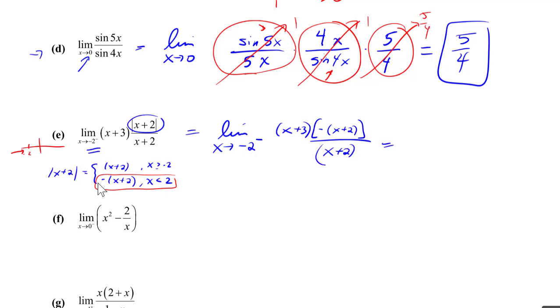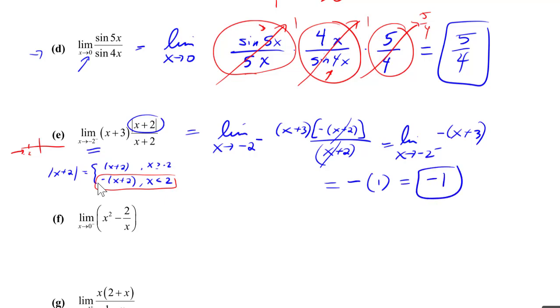Okay, and now I notice the x plus 2's can cancel, and I end up with the limit as x approaches negative 2 from the left of negative x plus 3. And now I'm down to a simple plug-in. I'm going to get negative, and then plugging in negative 2 plus 3, I get 1, so I'll get negative 1 overall. Okay, so the part that we're coming from the left here had to do with that absolute value part.